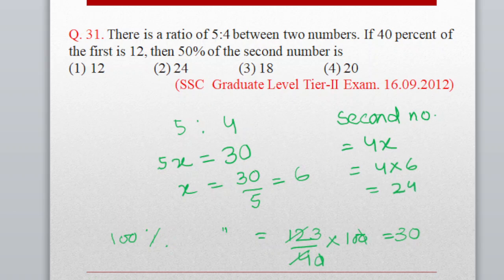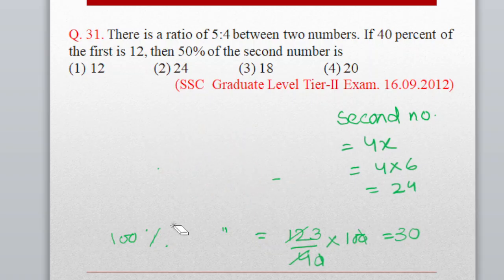Now here we have to find the 50% of the second number. That means here our second number is 24. Now we have to find out 50% of 24.